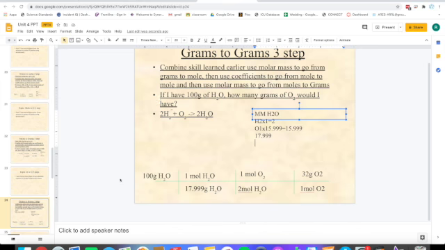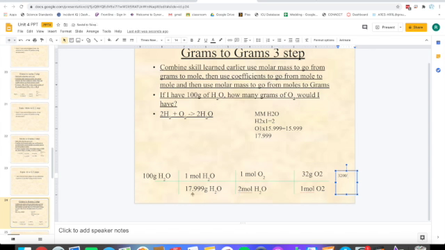All right, so now that we have all these numbers, first we're going to multiply everything on the top. 100 times 1 is 100, times 1 is 100, times 32, well, that's 3,200, divided by what we multiply at the bottom.